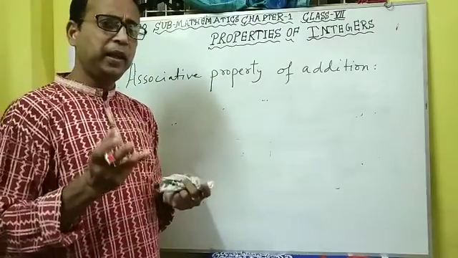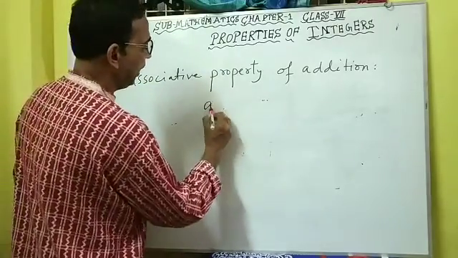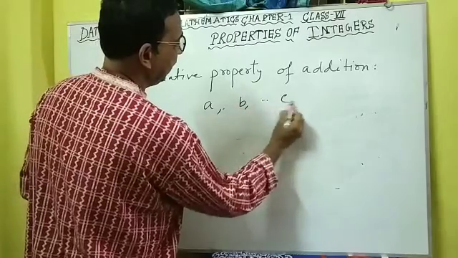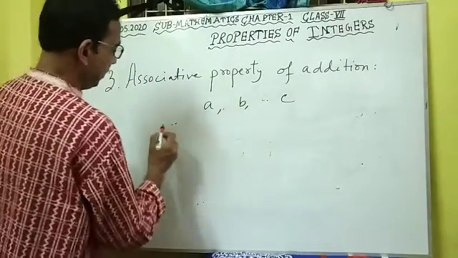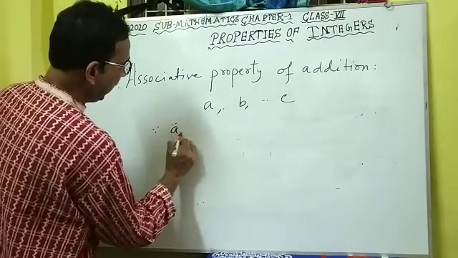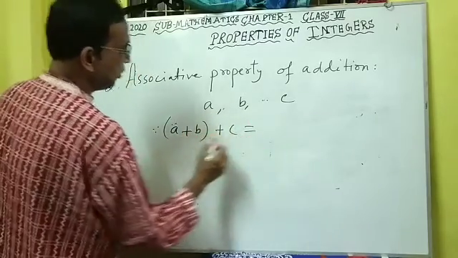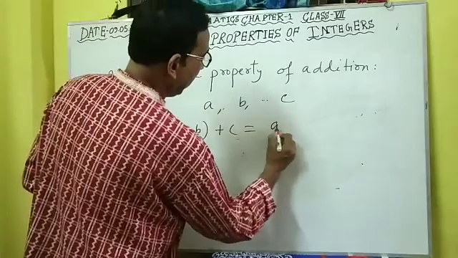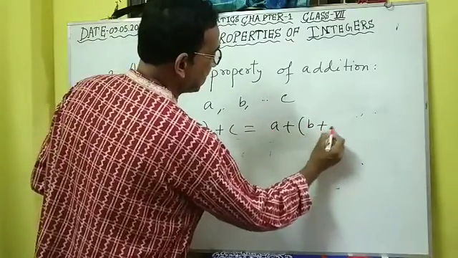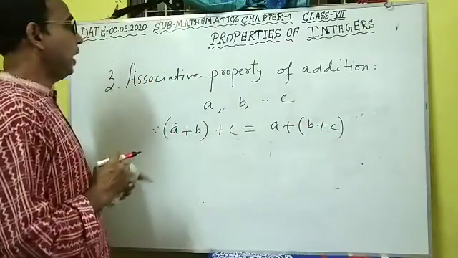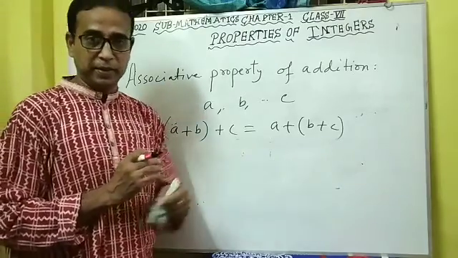Consider any three integers a, b and c. So (a + b) + c is equal to a + (b + c). This is the associative property of addition of integers.